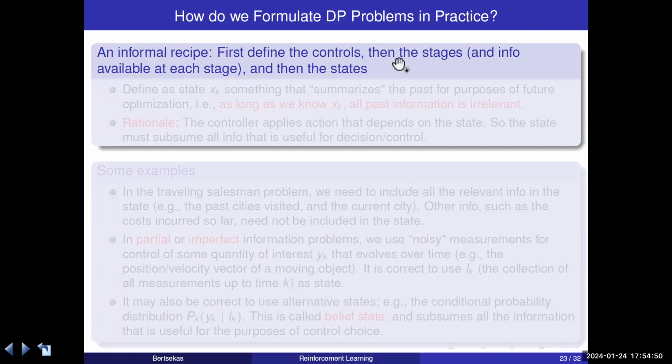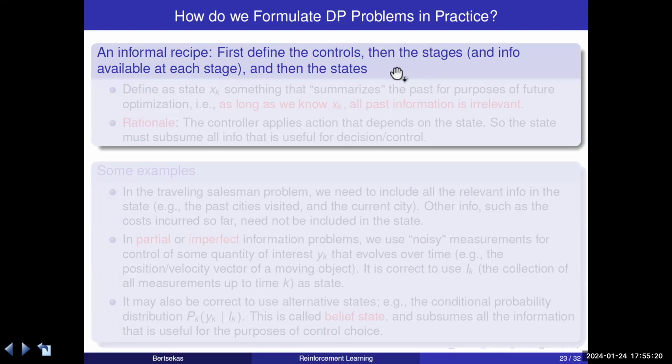Once you have the controls, then you can look at what kind of information is available at each stage and when it is available, and that defines the stages. One way to look at how you divide the horizon into stages is to look at the points where the information becomes available, because that's when you want to apply controls.